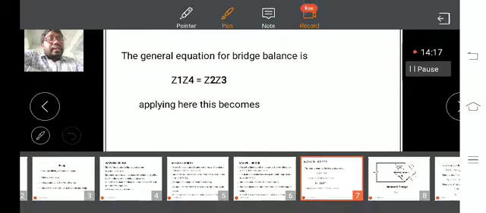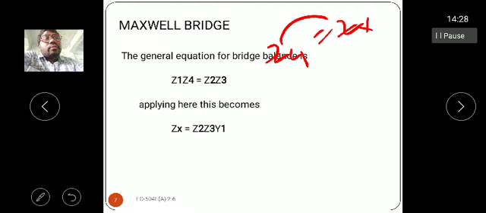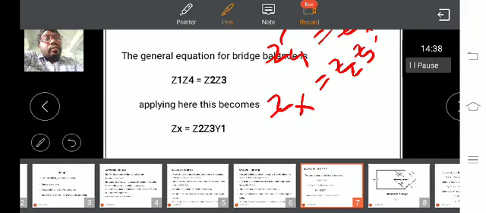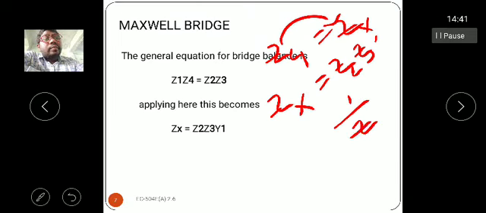These are the impedances. Applying it here, Z4 is the unknown, so we replace Z4 with Zx. Then Zx is equal to Z2 Z3 into 1 by Z1.